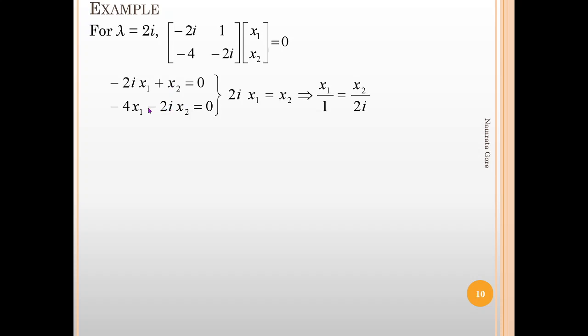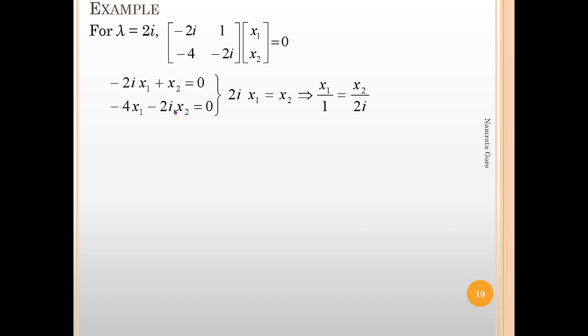Dividing this by minus 2i, here you will get 1, but the coefficient of x1 will be minus 4 upon minus 2i. Minus minus becomes plus, 4 upon 2 becomes 2 in the numerator and i in the denominator. We don't keep i in the denominator, so we multiply and divide by i, so that we get 2i upon i square. i square takes the value minus 1, so it will again be minus 2i.